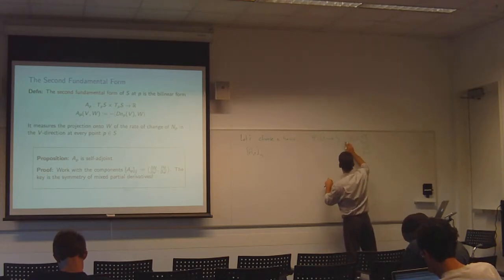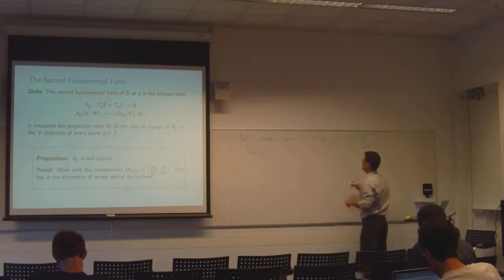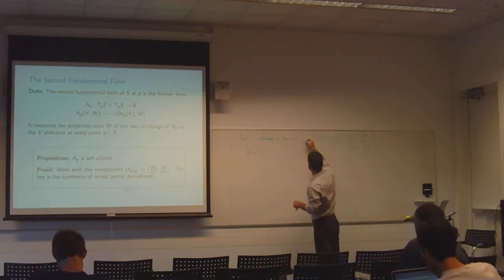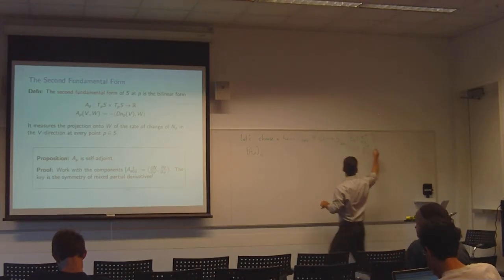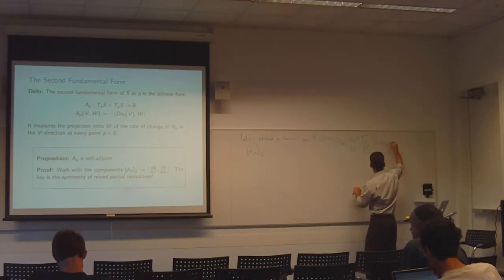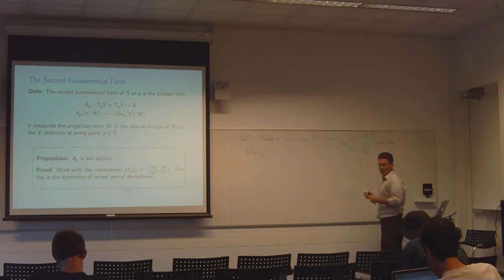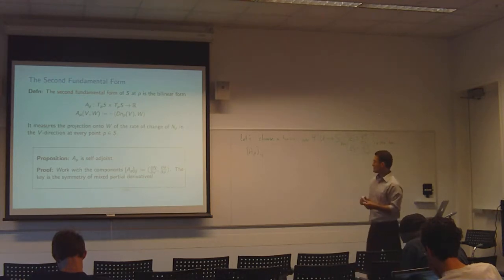So this is your basis. When I say choose a basis, this is what I mean. Let's parameterize a small neighborhood of the surface, and look at the coordinate basis coming from the parameterization.